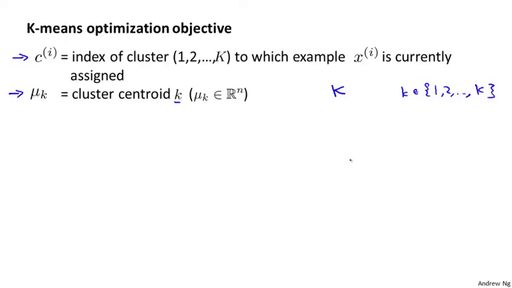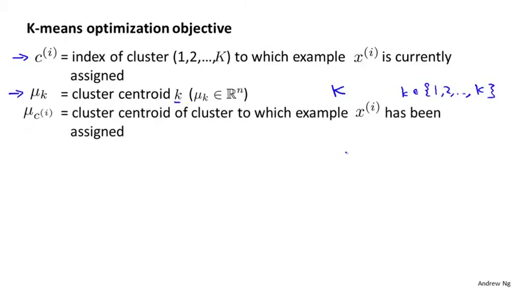Now here's one more bit of notation, which is going to use mu subscript ci to denote the cluster centroid of the cluster to which example xi has been assigned. To explain that notation a little bit more, let's say that xi has been assigned to cluster number 5.